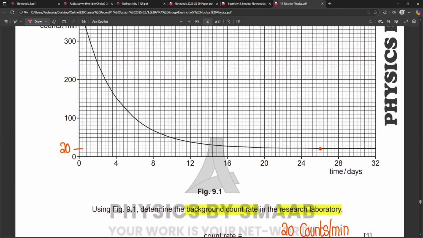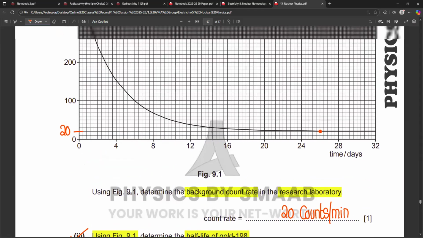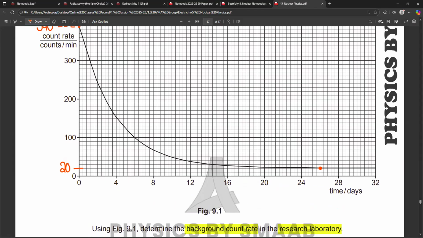So if you find this 185 count rate from the graphical representation, 150, 160, 170, 180, this is 185.